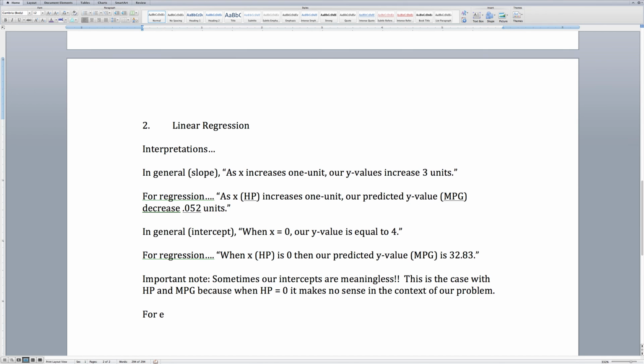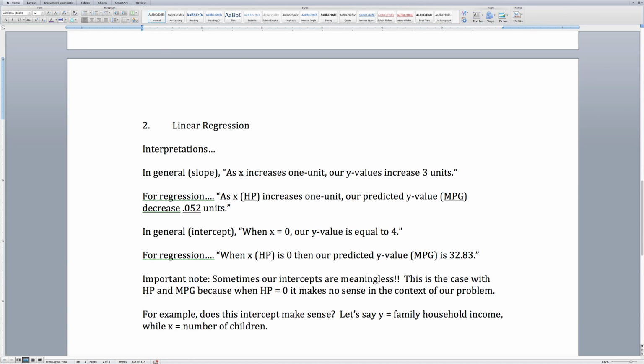Now, for example, does this intercept make sense? Let's say y equals the family household income, while x equals the number of children. Trust me on this one, as x increases, y goes down.